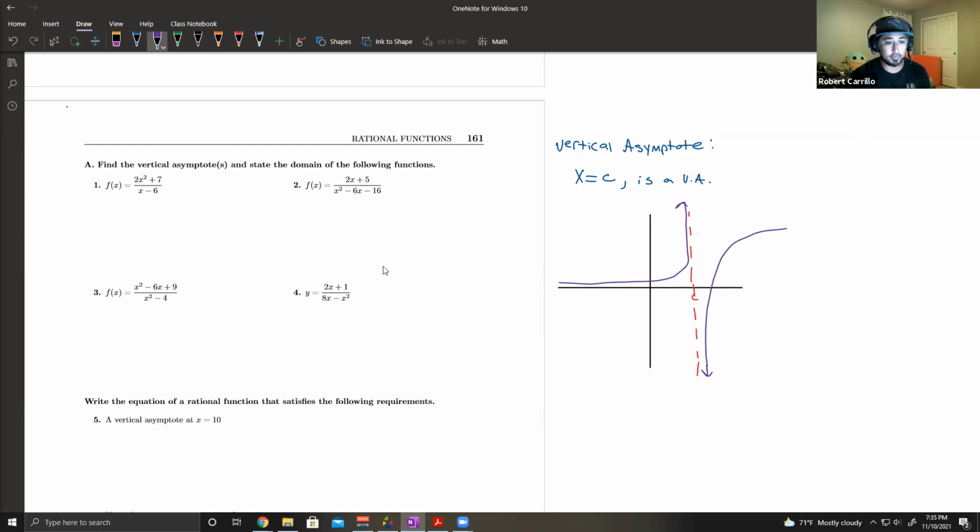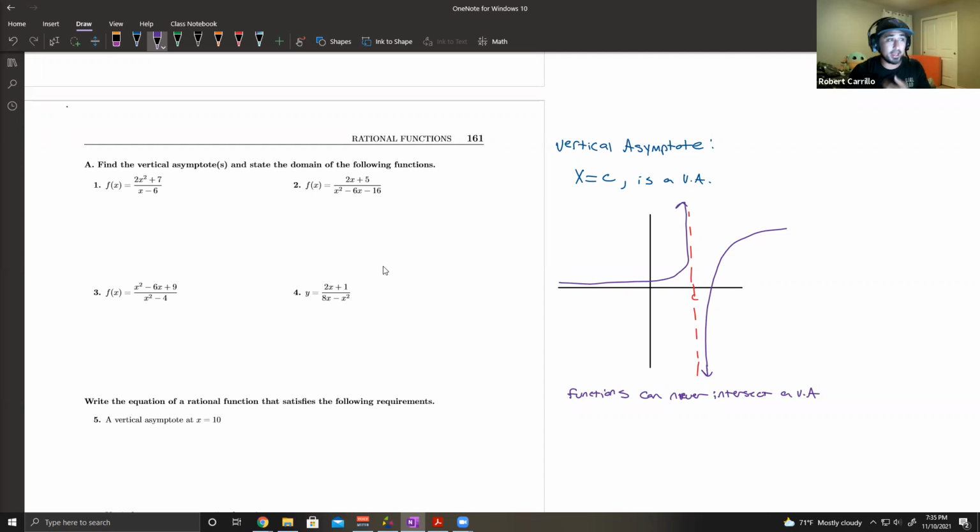So let's say functions never intersect a vertical asymptote. And the reason for that is because vertical asymptotes are not part of our domain.